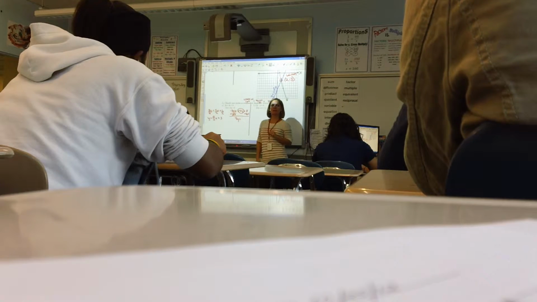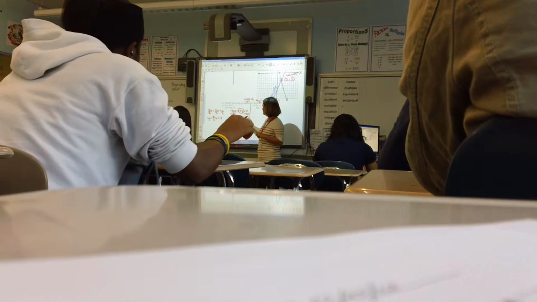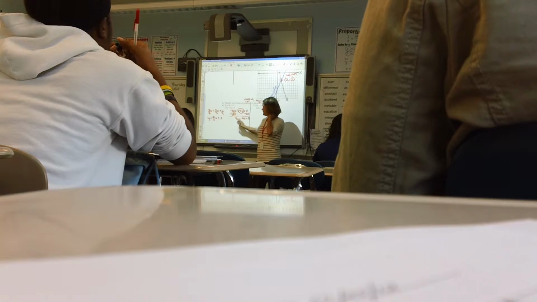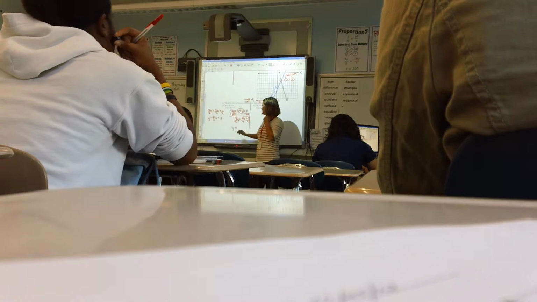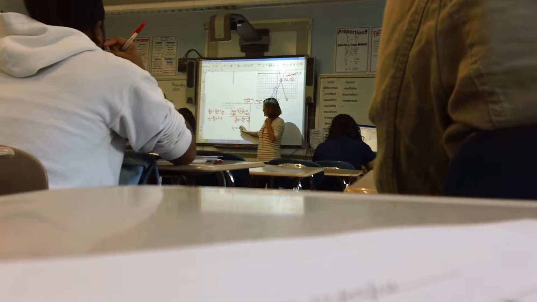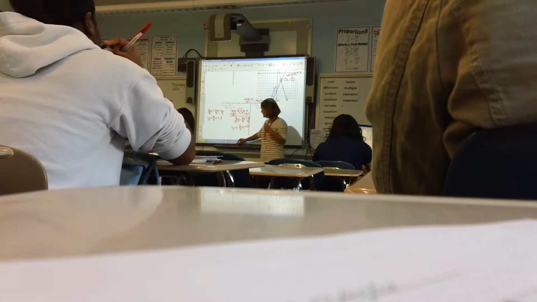So we get 10x plus 8. Divide by 4. What is 10x over 4 reduced to? 5x over 2. 8 divided by 4 is 2.